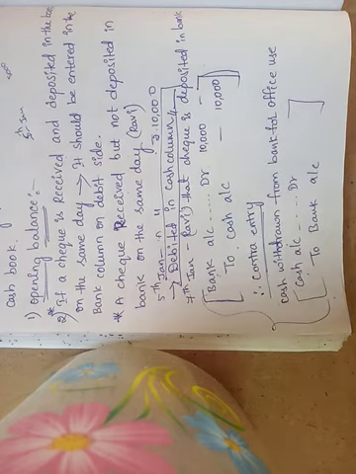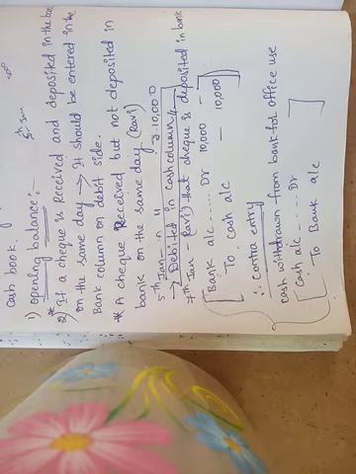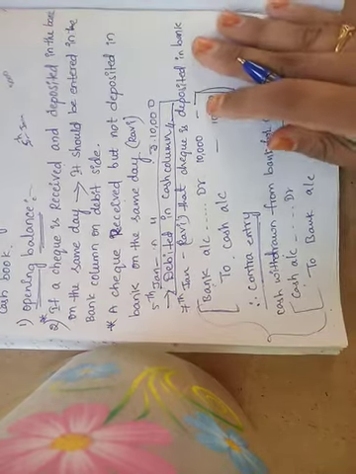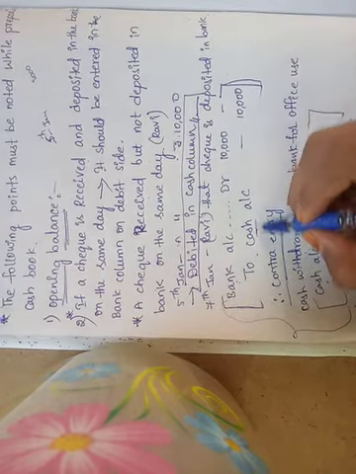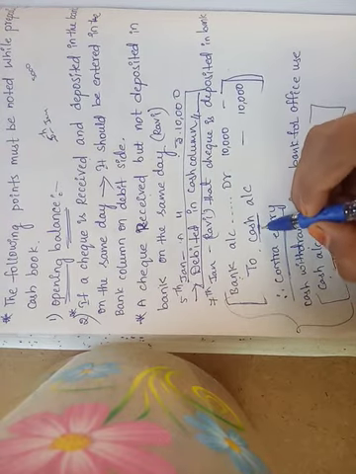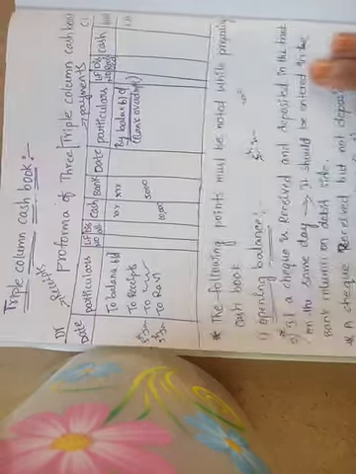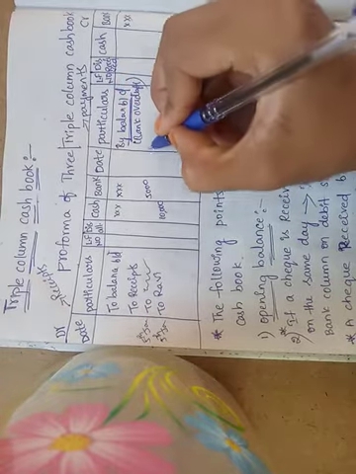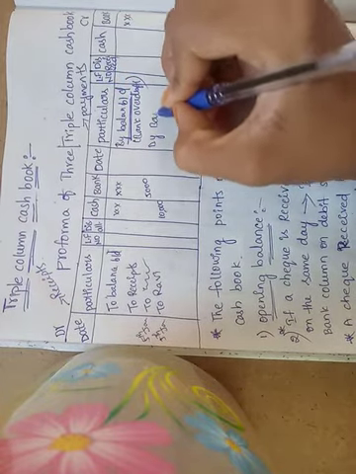Now see which book we are preparing. The cash book. First we prepare the cash account. Cash account is on which side? The credit side. So on the cash book credit side we write the opposite party, by bank.